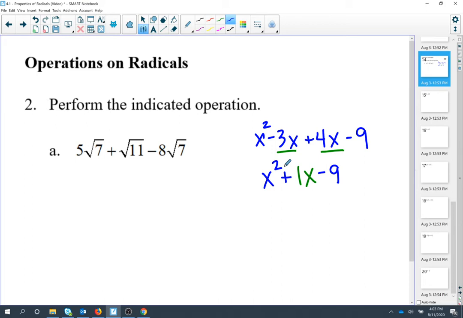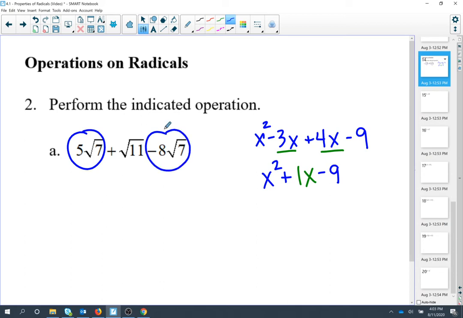So in letter A, 5 root 7 plus root 11 minus 8 root 7, we first have to identify the like terms. So this was negative 3x plus 4x. They both had an x. So over here, we have 5 root 7 minus 8 root 7.